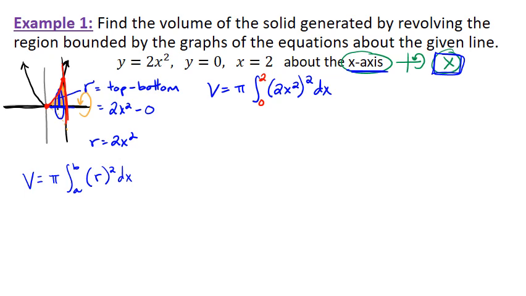Okay, so those are going to be my limits of integration. Now the hard part is setting this up. That part is done. So now, when I square all of this, I end up getting 4x squared dx. The 4 is a constant, so I can move that 4 out with the pi, and then I'm simply integrating x squared, which is a little bit easier.